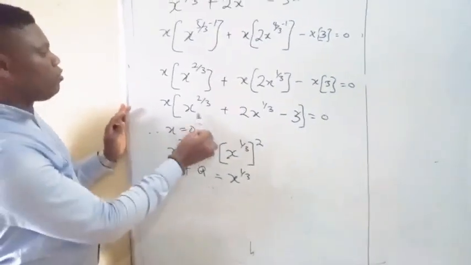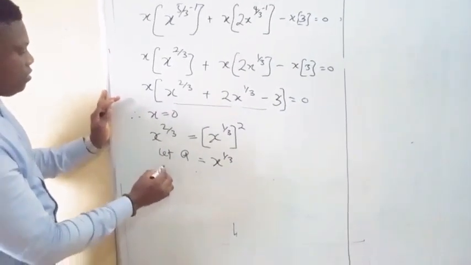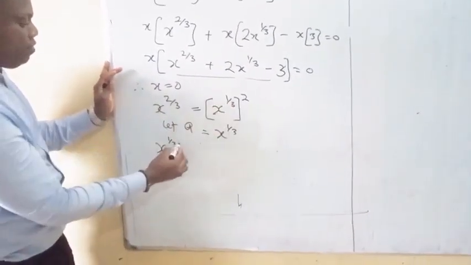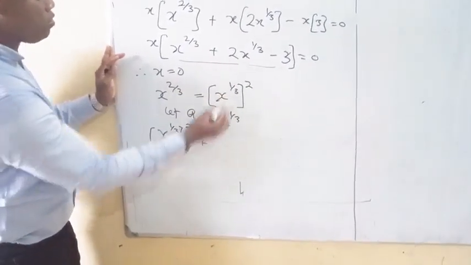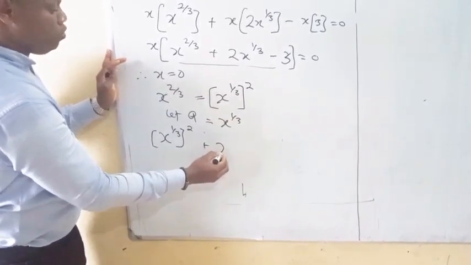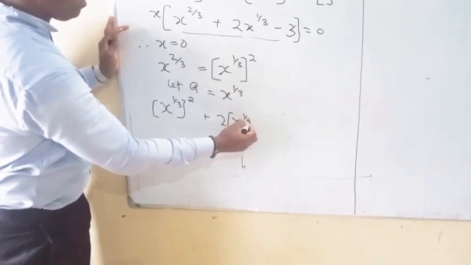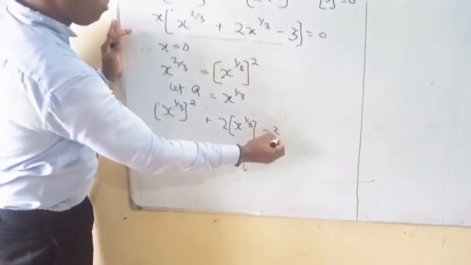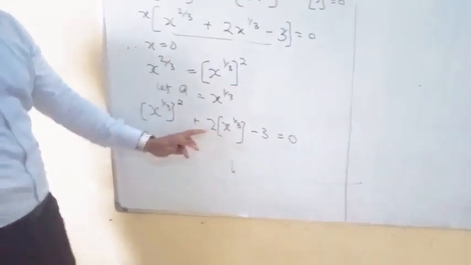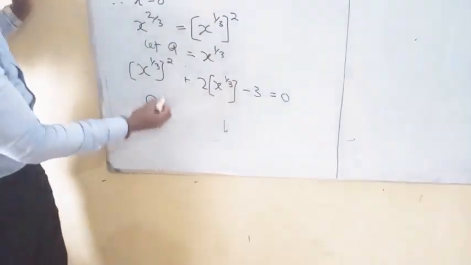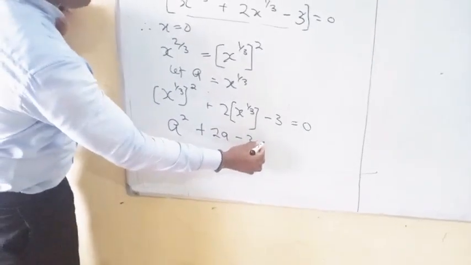So what I'm going to do here now is have x to the 1 over 3 from what I have here, all squared, then plus 2 into x to the 1/3, then minus 3 equals to 0. So anywhere I see this, like I've told you, we should just put a. So I can have a squared plus 2a minus 3 equals to 0.